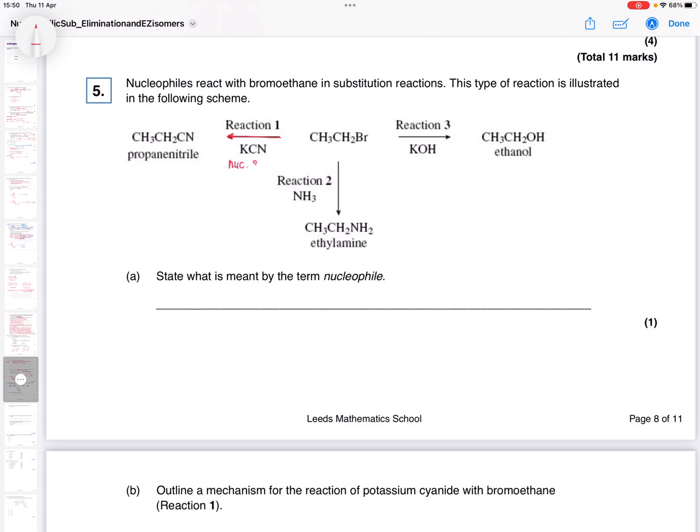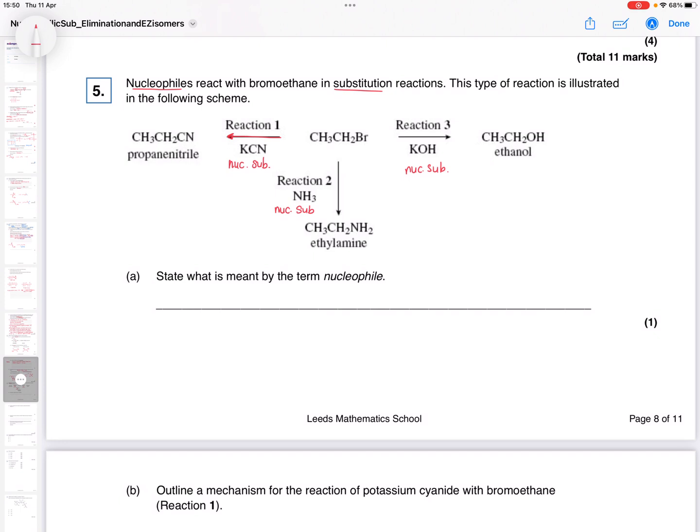So sometimes it's useful to get this down straight away: nucleophilic sub. We've then got reaction 2 with ammonia. Ammonia is acting as a nucleophile, so this is also nucleophilic sub. And then in reaction 3, we're going from the halogenoalkane to ethanol, which is also nucleophilic sub. So all 3 of these are nucleophiles in substitution reactions.